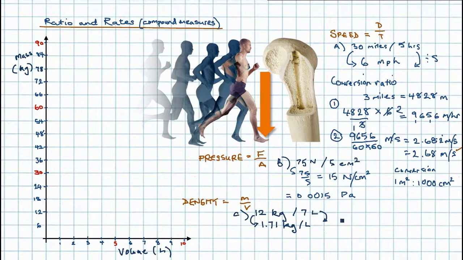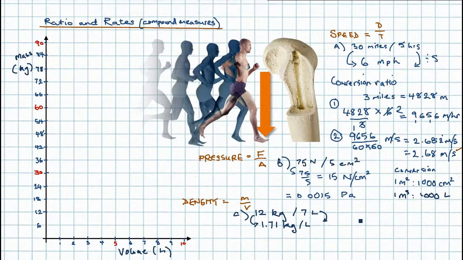Now my conversion, and this is where people often get confused, if I have 1 cubic meter, what's that going to be in litres? Well, 1,000 litres will give me a cubic meter.